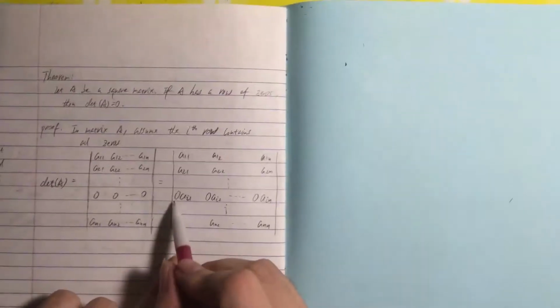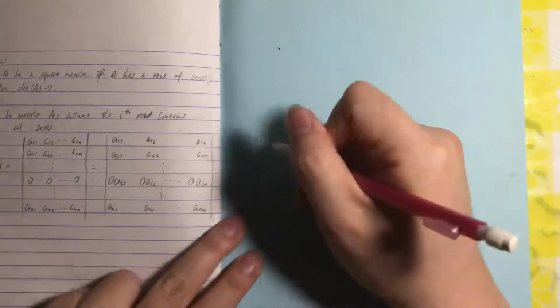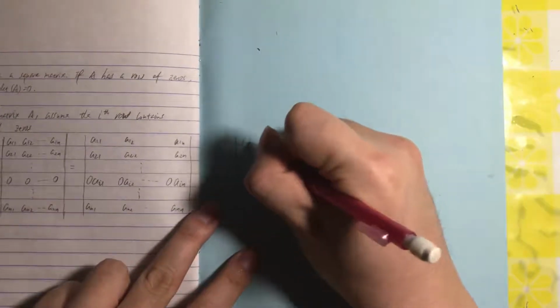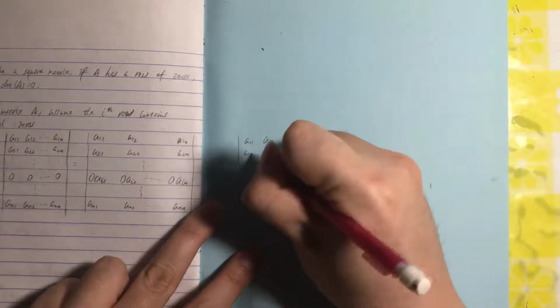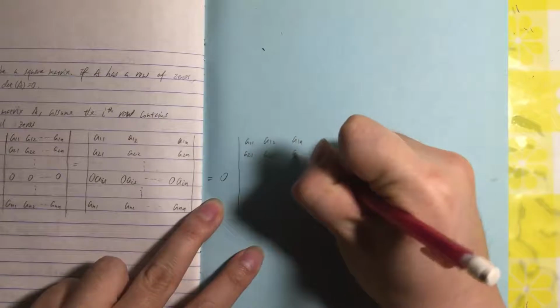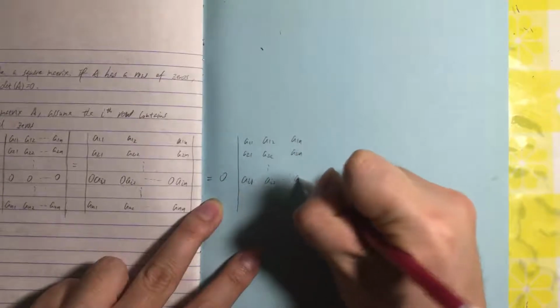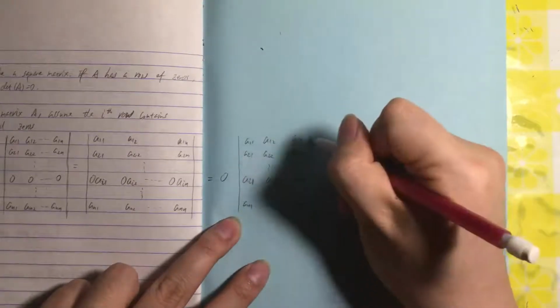So here in the ith row, we can see that 0 is a common factor. If I pull out 0, what do I get? I get 0 times the determinant of the matrix: A11, A12, A1n in the first row, A21, A22, A2n in the second row, Ai1, Ai2, Ain in the ith row, An1, An2, Ann in the nth row.